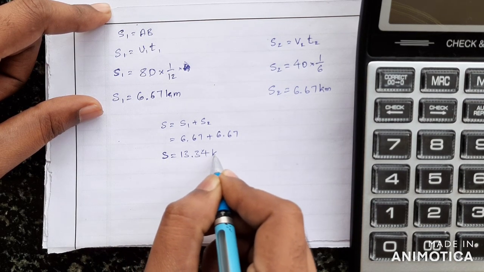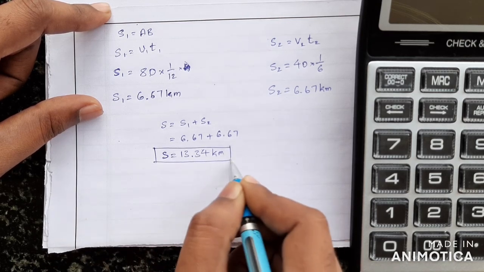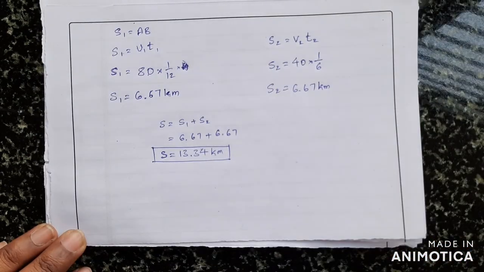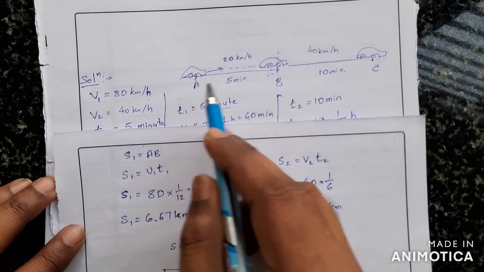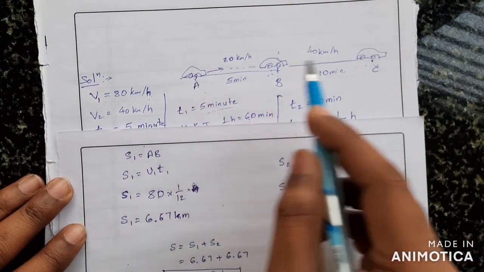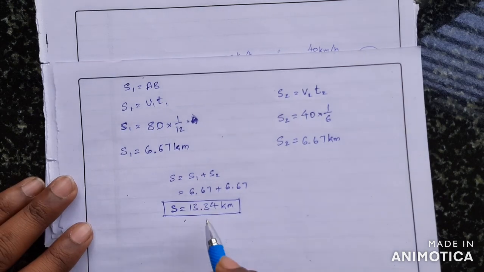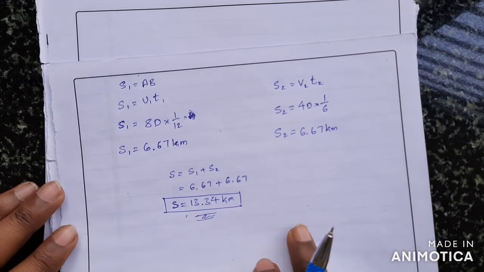This is the final answer of the question. Okay, total displacement from A to C, total distance from A to C is 13.34 kilometer. Okay, this is about the first question.